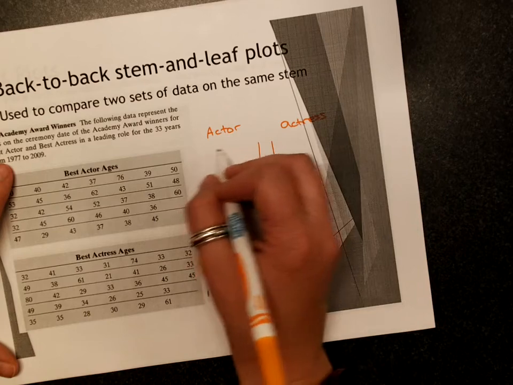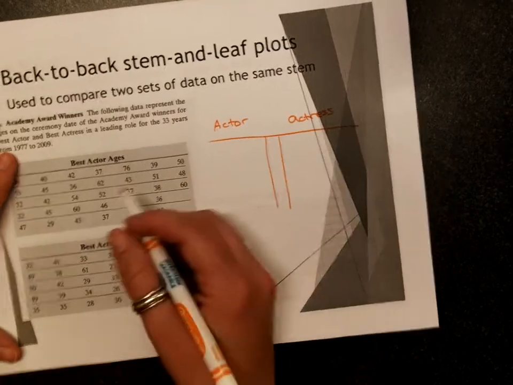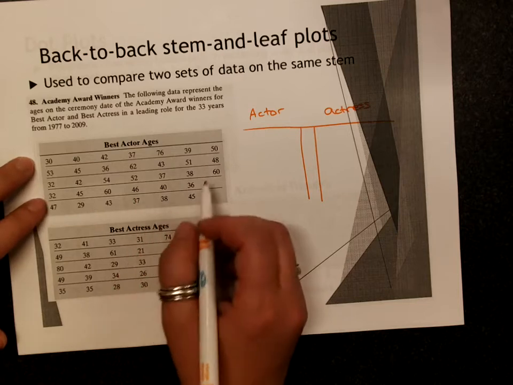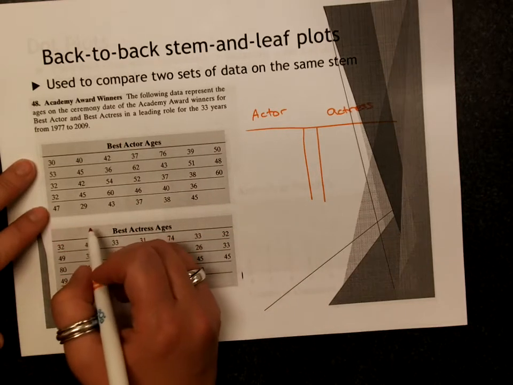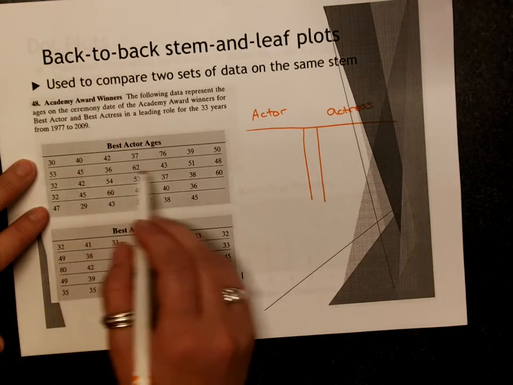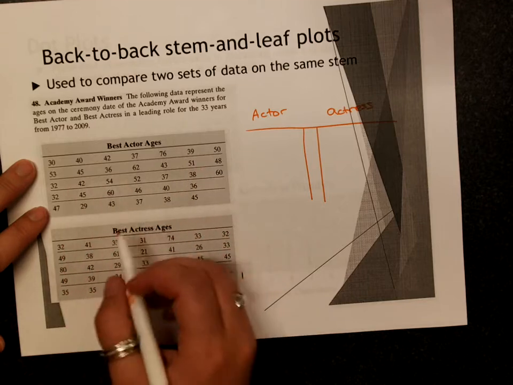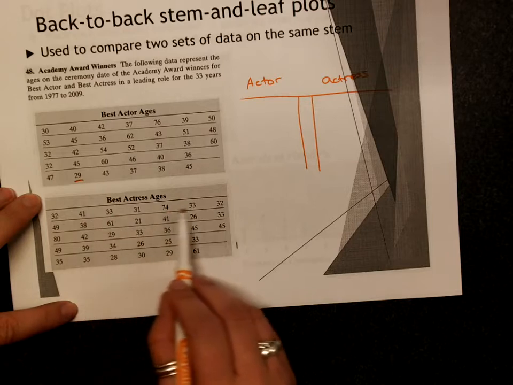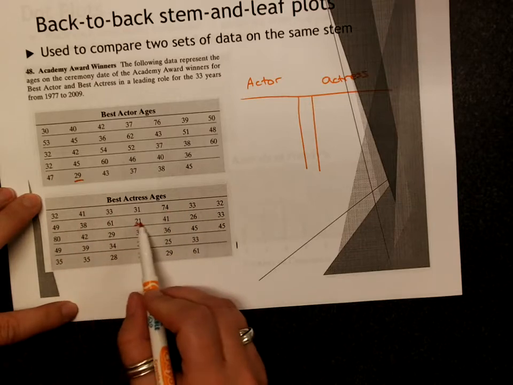Doesn't matter which is which. We just need to find the lowest age for actors, which looks like 20-something, 29 maybe. Unless I'm missing one, 29. And then the youngest age for actress, there's 21.